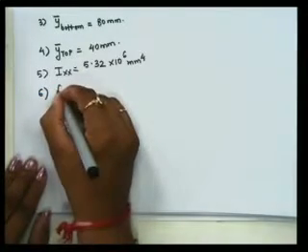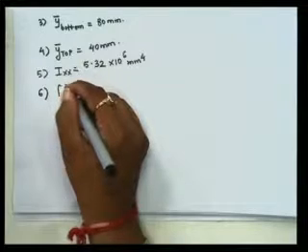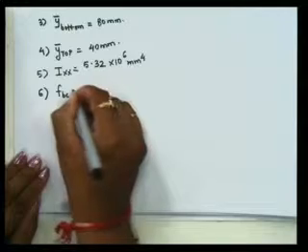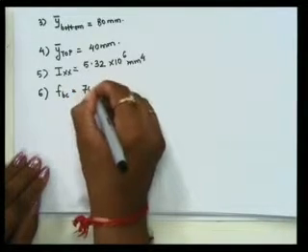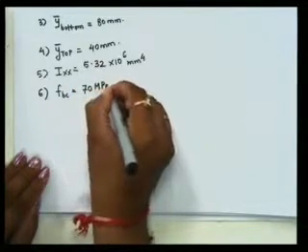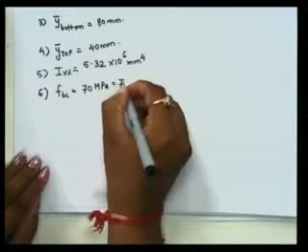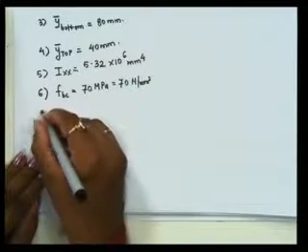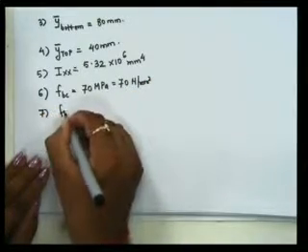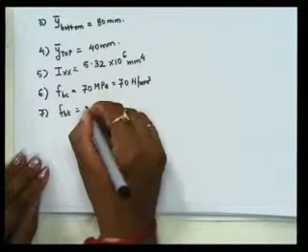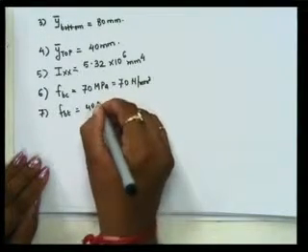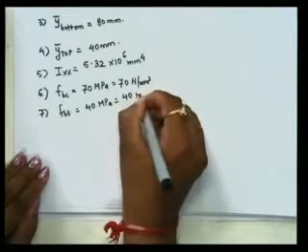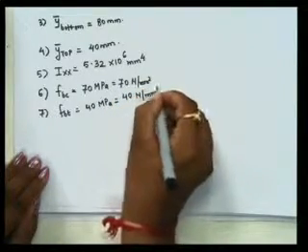Then we have been given the value of FBC, that is 70 megapascal, or I can say 70 Newton per mm square, and FBT is equal to 40 megapascal, that is equal to 40 Newton per mm square.